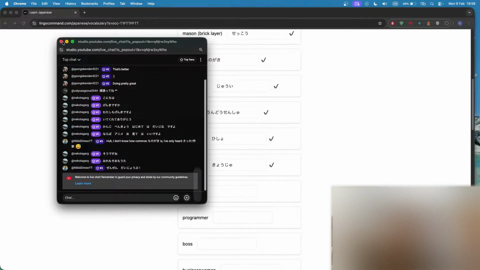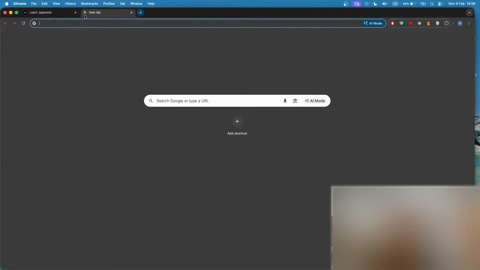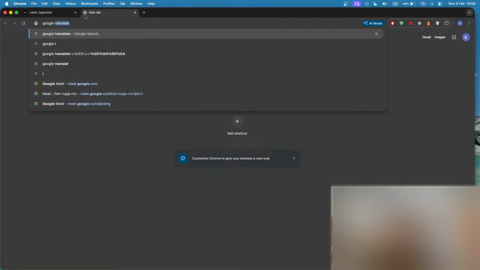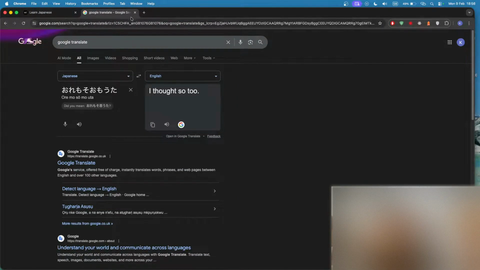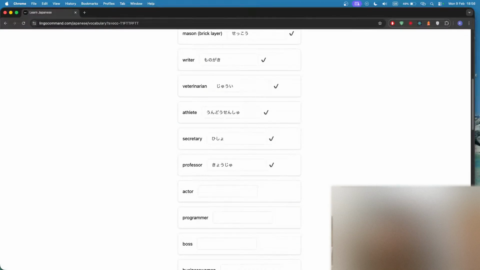And then the next part is ore mo so omotta. Ore mo so omotta. I think this means omou is to think. Ore mo is me too. I thought so too. Yeah, okay. I'm reading some Japanese. That's so cool.